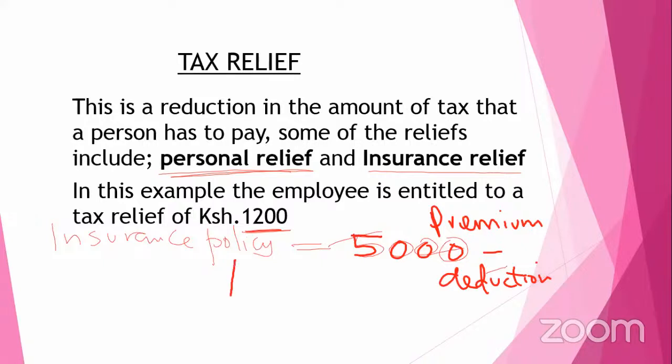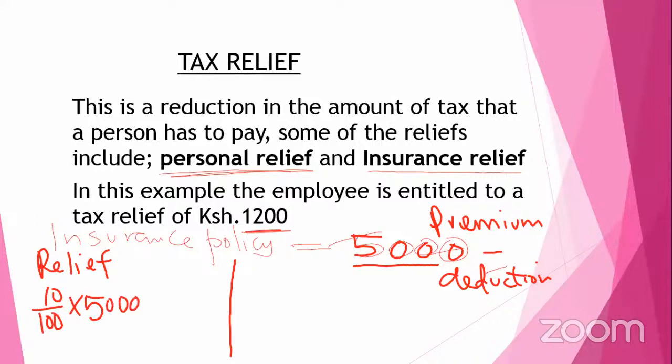However, once you obtain an insurance premium, you are given insurance relief. Then I gave an example. I said, for you to be relieved, you are relieved depending on the amount of premiums you pay using a certain rate. I chose a 10%. Suppose you are relieved according to the rate of 10% of your premiums, which gave us a figure like 500.